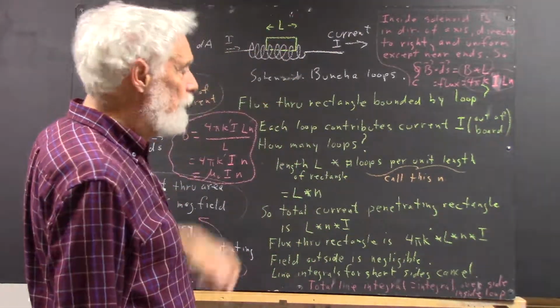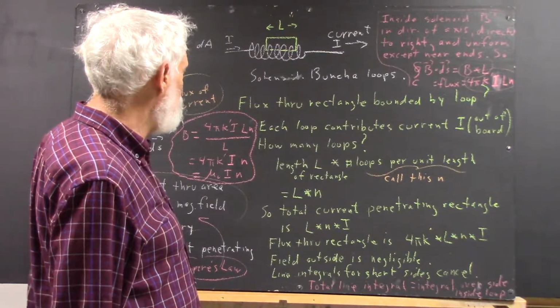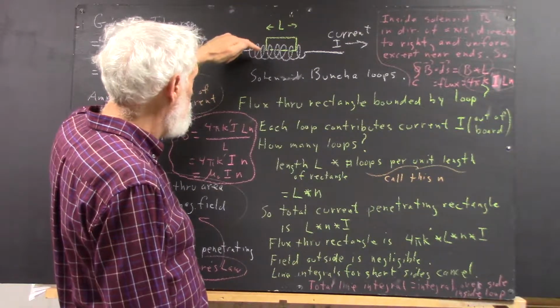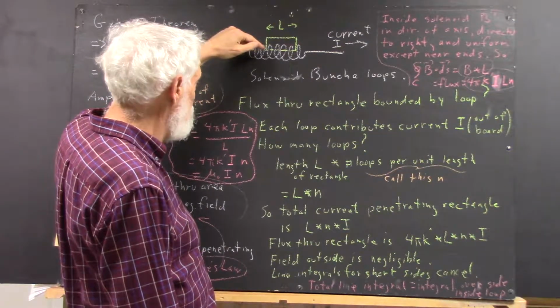I haven't gone into detail about the symmetry of the field or why it's symmetric. I might do that, but probably not, because your book talks about it in very clear terms.